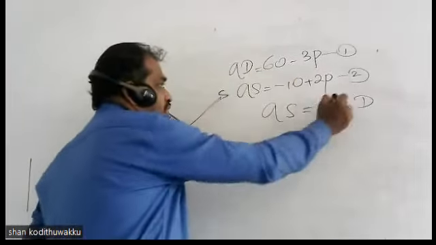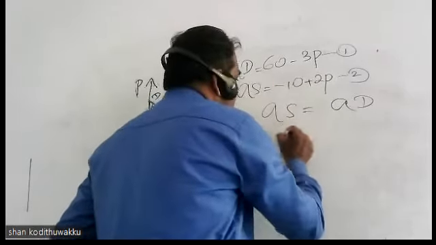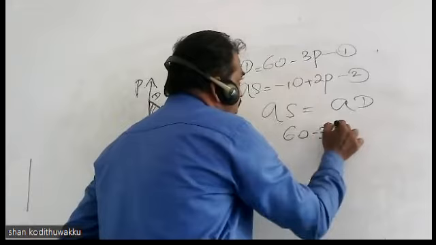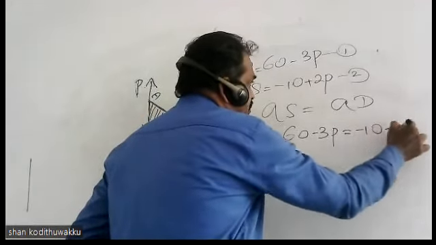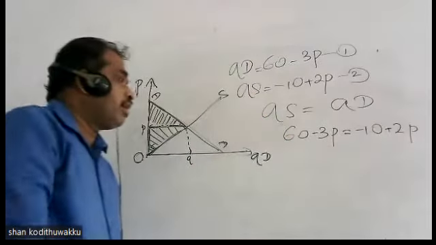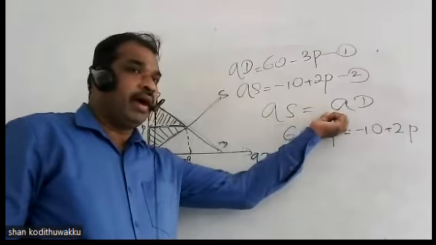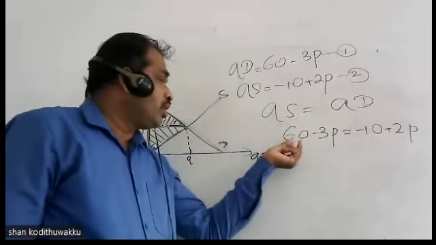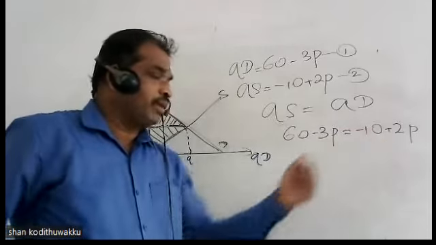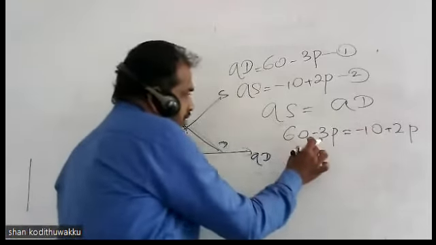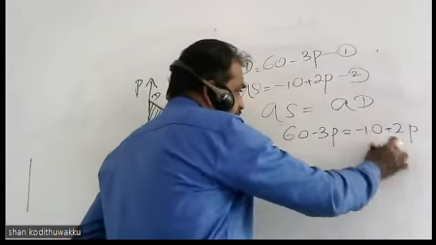Therefore, you can equalize these two given equations. 60 minus 3P equals minus 10 plus 2P. At the equilibrium, quantity supplied will be equal to quantity demanded. This is the supply function. This is the demand function.